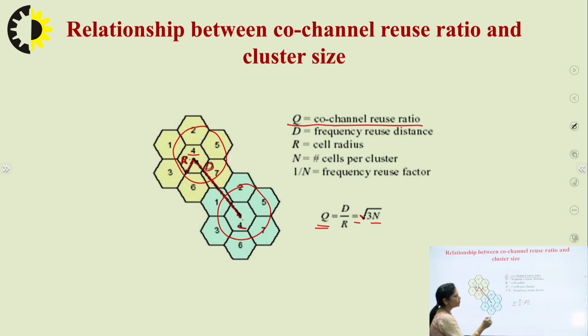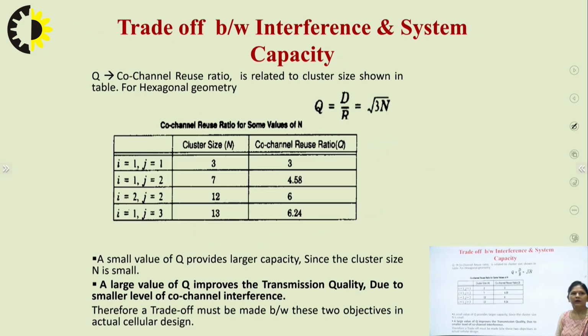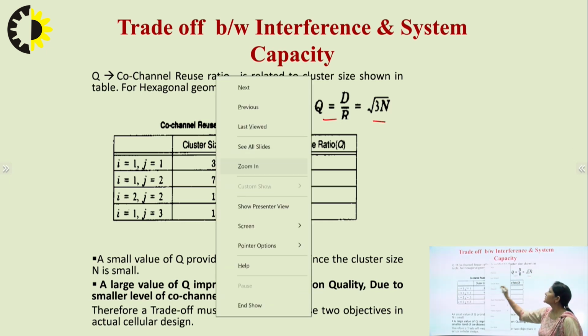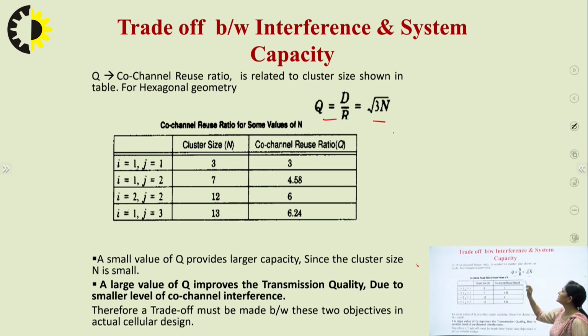So we have to check this parameter Q, the co-channel reuse ratio. Now we can see here the same formula. According to the cluster size 3 or 7, there is a value of Q; you can see here 3, 4.58, 6.